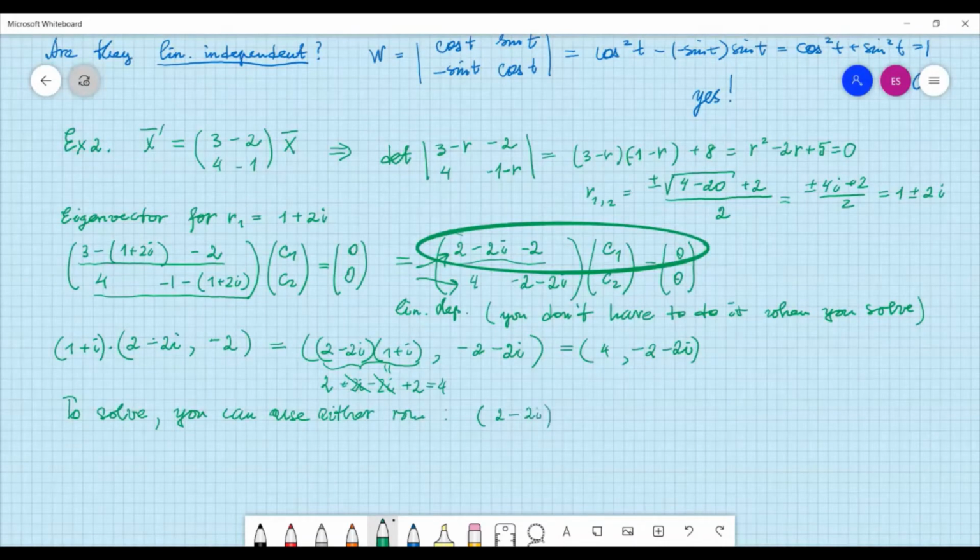Minus 2i multiplied by c1 minus 2 by c2 equals 0. I'm just trying to solve it. Well, remember that one of the constants is going to be my parameter t. Let me see which one I want to use as t. I think I'm going to use c1 as my parameter.